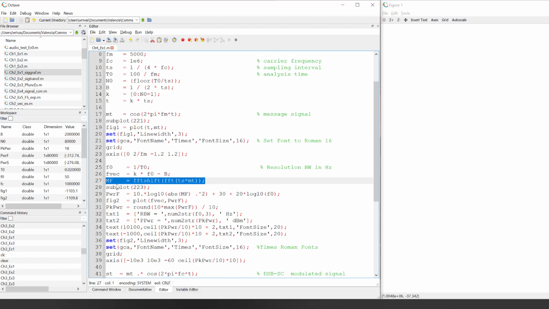Now, I did something a little bit different this time. I actually calculated the signal power, and I'm going to show you guys the signal power. The reason for that, remember, I went a little bit out of my way to tell you guys that when you modulate, the signal drops by half.